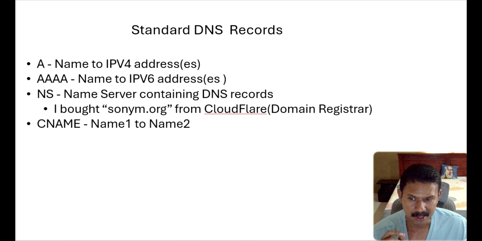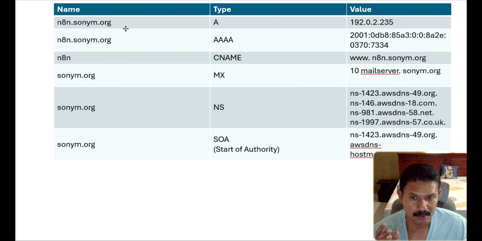If I can show you some examples here, this is an example of an A-type record, n8n.sonym.org. We'll be setting up this later, not the record actually, but the tunnel here. So this is an example of an A record where it maps to an IPv4 address.